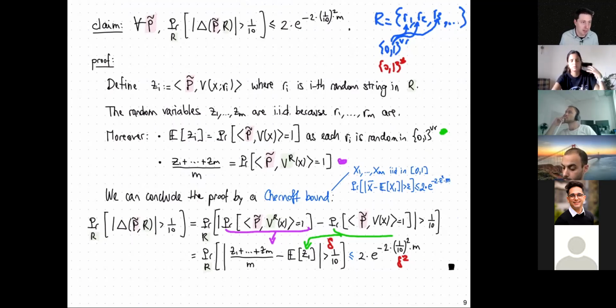It doesn't matter, okay? So I'm not relying on VR being anything. It's just whatever it is, okay? Certainly something is, because the verifier runs in polynomial time, and I can just write this to be whatever that running time is, right? So yes, VR is appearing here, but it doesn't matter for the final running time of the algorithm. Good question.